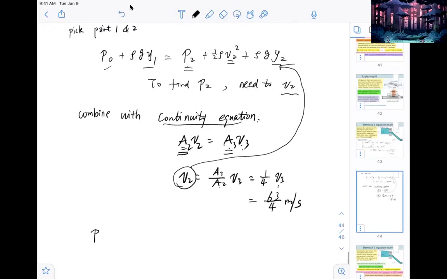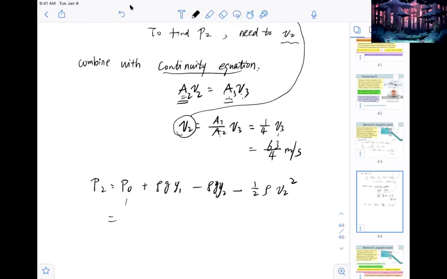So to finish this calculation, pressure at point 2 is pressure at atmosphere plus rho g y1 minus rho g y2 minus 1/2 rho velocity 2 squared. This is 10 to the 5th Pascal, roughly, 100,000 Pascal.